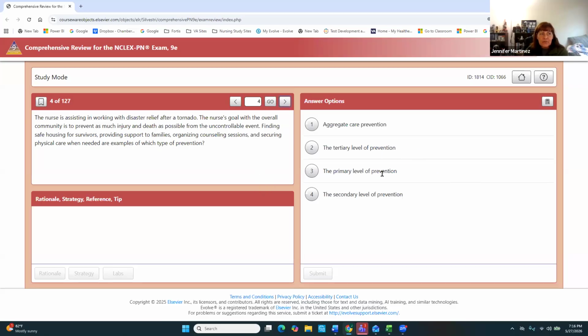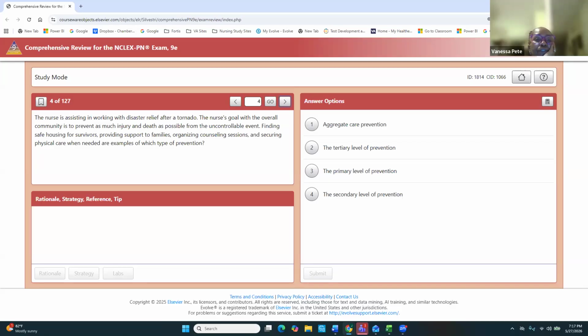So we have primary, secondary, tertiary, or aggregate. So we're finding safe housing for survivors, support to families, counseling sessions, physical care. What level of prevention is that?